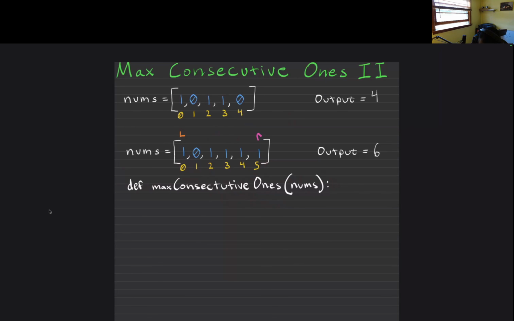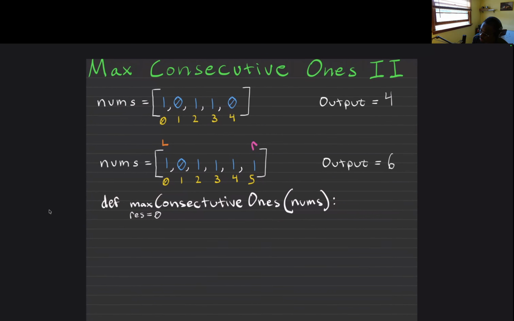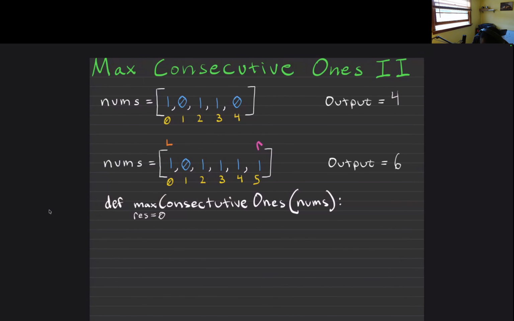We'll have a res that we return at the end, and we set it equal to 0 to start. We need a left variable, which also starts at 0. And we'll use k equal to 1 for the maximum number of flips, which is 1 in this case. That's why I set k equal to 1.